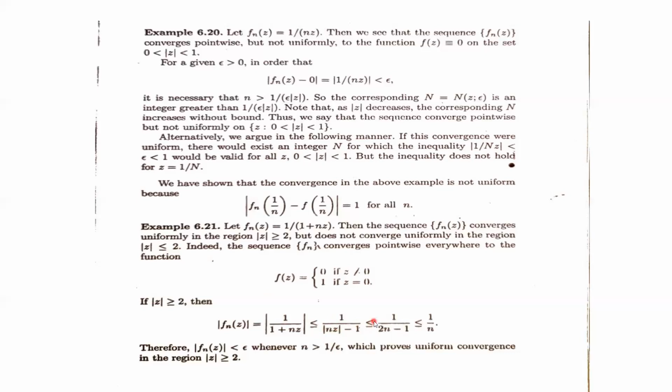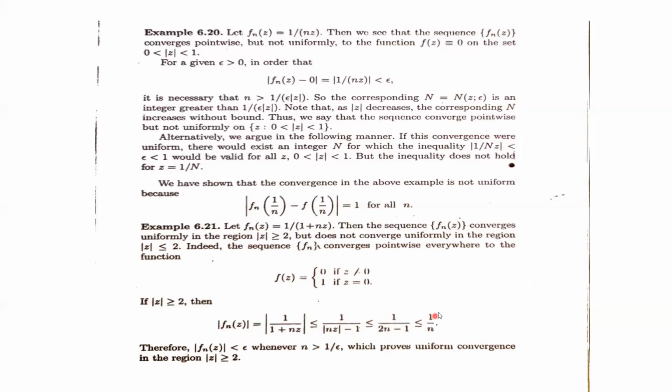That's why this must be less than or equal to 1 by (2n minus 1). And hence, since we are decreasing the denominator, the fraction will be increased, so that will be less than or equal to 1 by n.